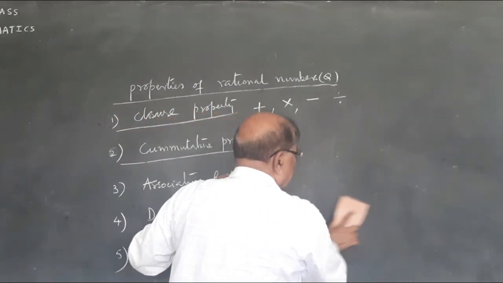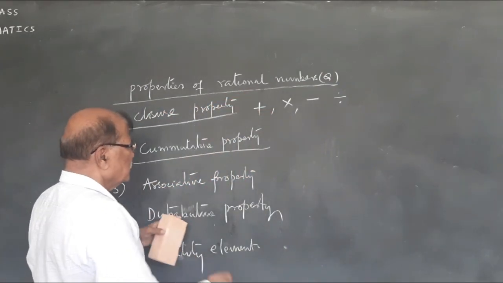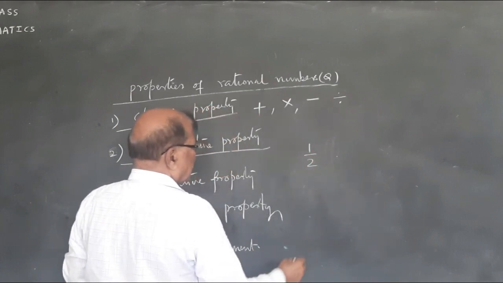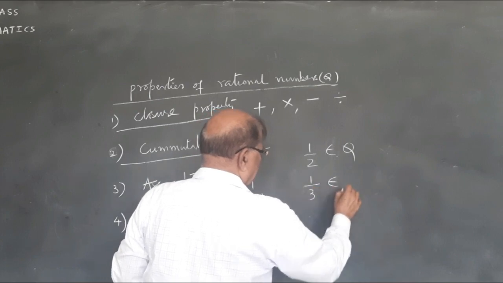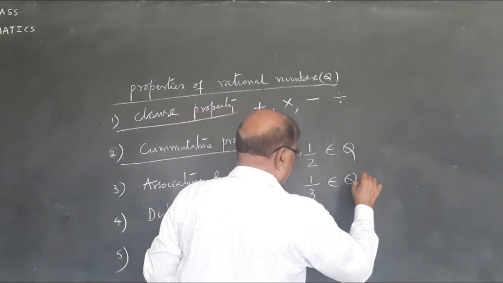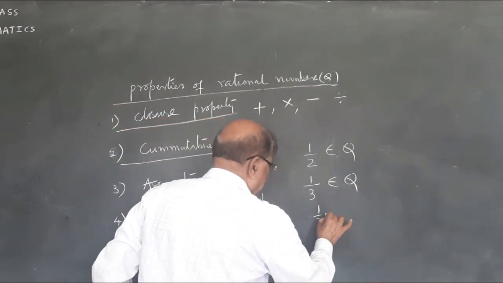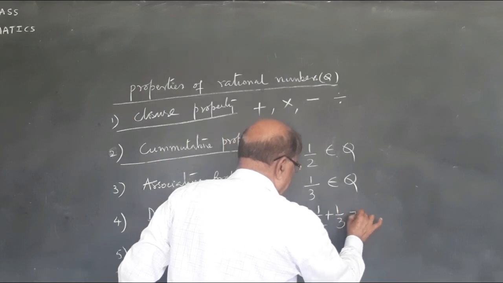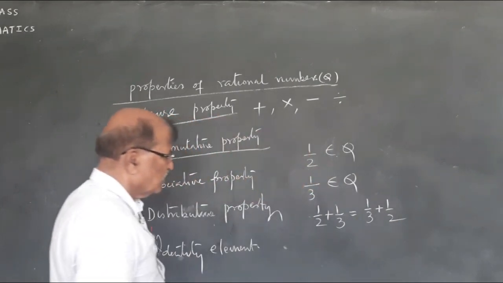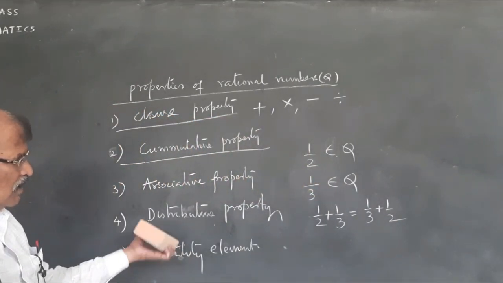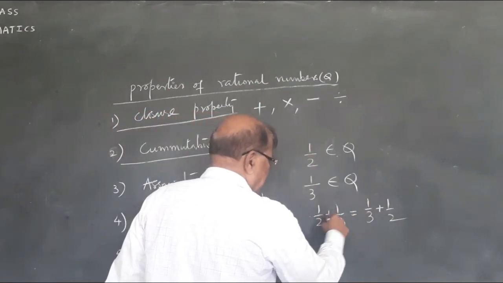Similarly, let us see whether this property holds good in the set of rational numbers. You take 1 by 2, a rational number, belongs to Q. 1 by 3 belongs to Q. So if you take 1 by 2 plus 1 by 3 is equal to 1 by 3 plus 1 by 2. You reverse it and add.